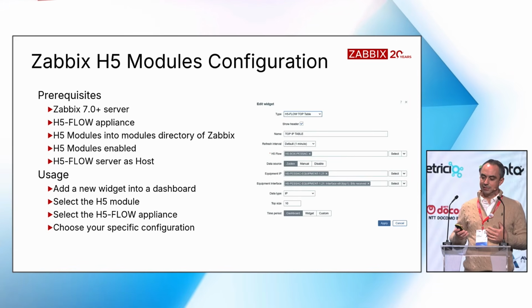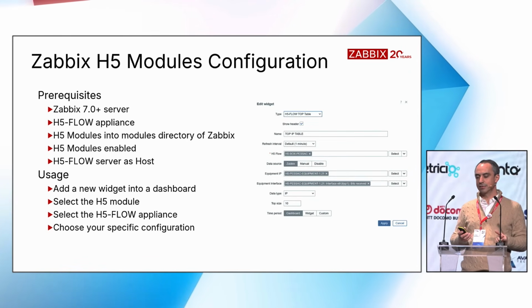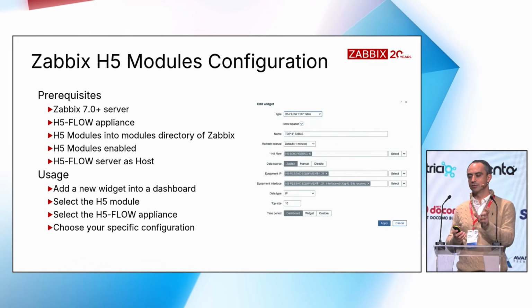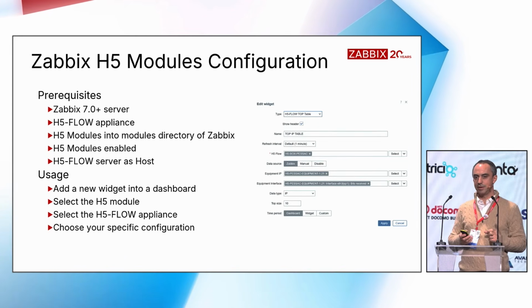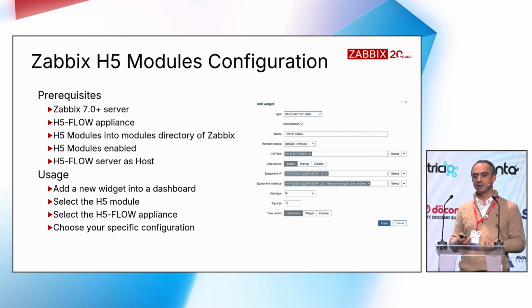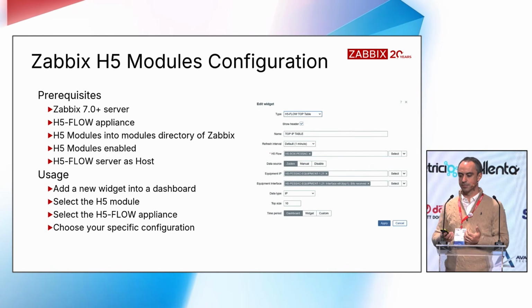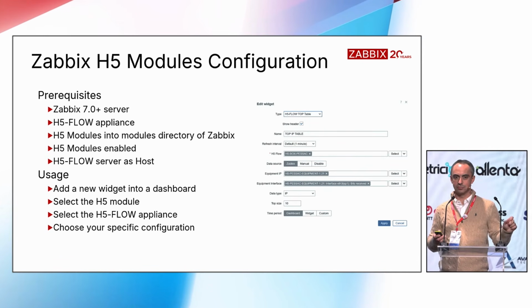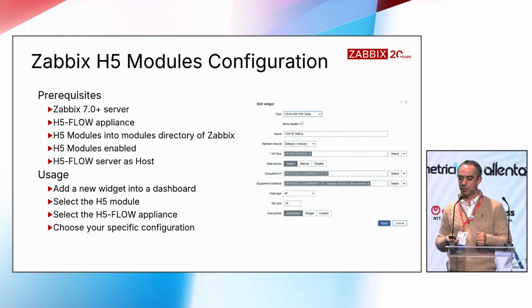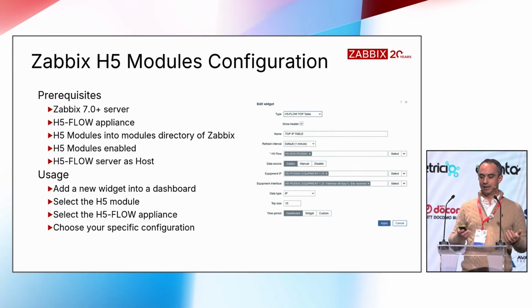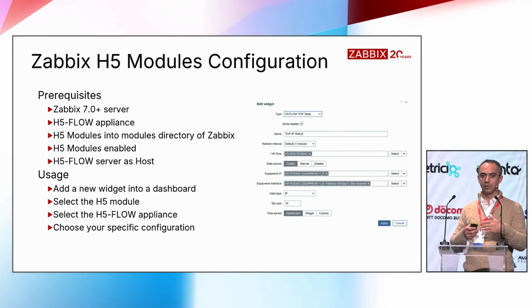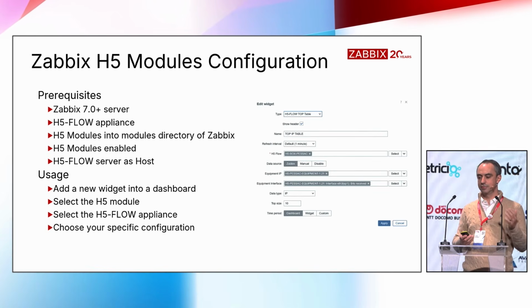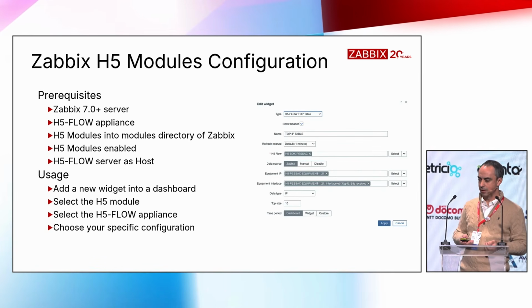You need to enable the modules and configure our tool as a host in Zabbix to store the authentication to the H5 tool. And after, you just need to add a widget, like you are used to adding widgets to your dashboard, select your module, and you will get the data that you want directly from NetFlow.